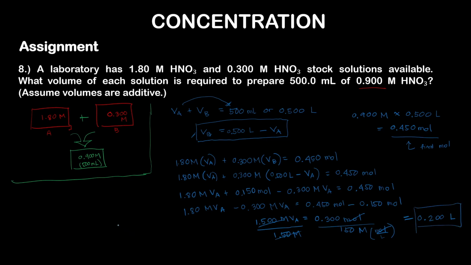So that is VA. Now we know VA is 0.200 liter or 200 ml. So simply we can know VB since we know that the final solution is 500 ml, minus the added VA, VB should be 300 ml.